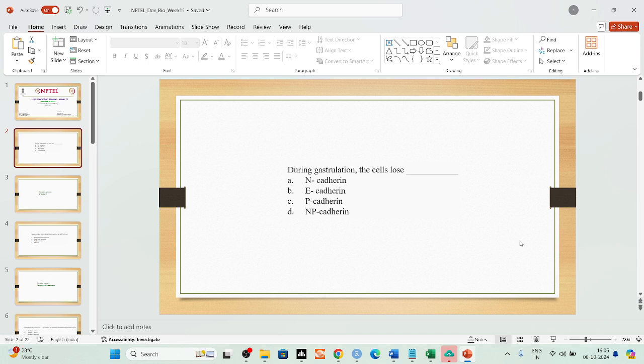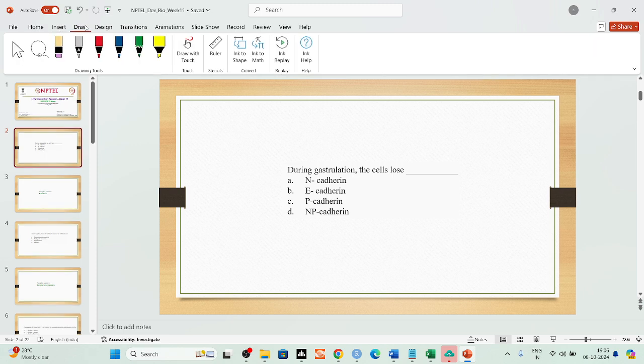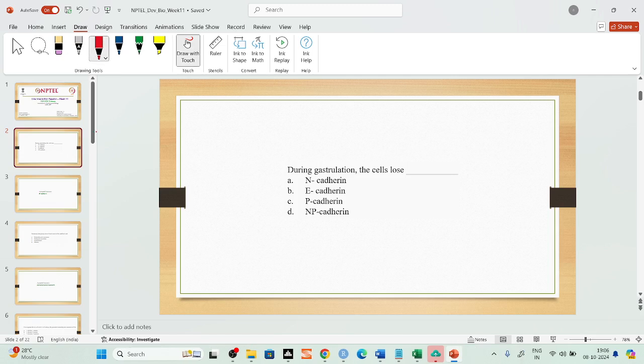Basically, you need to understand what happens during the gastrulation process. During gastrulation, one very important event takes place which will decide what kind of cells there would be. That event is EMT. What does EMT stand for? It stands for epithelial to mesenchymal transition.